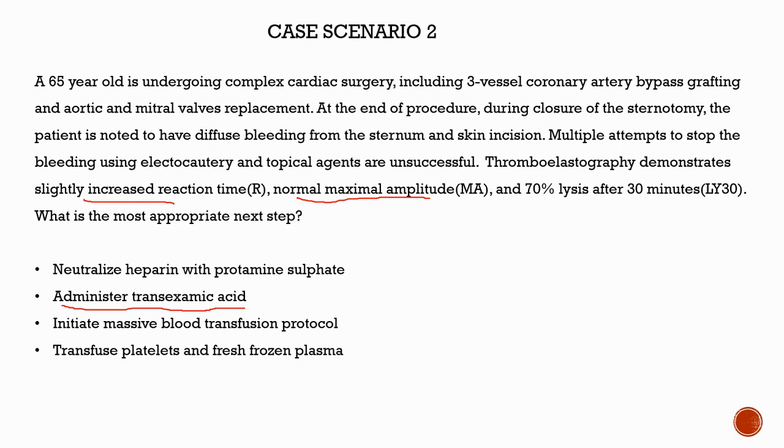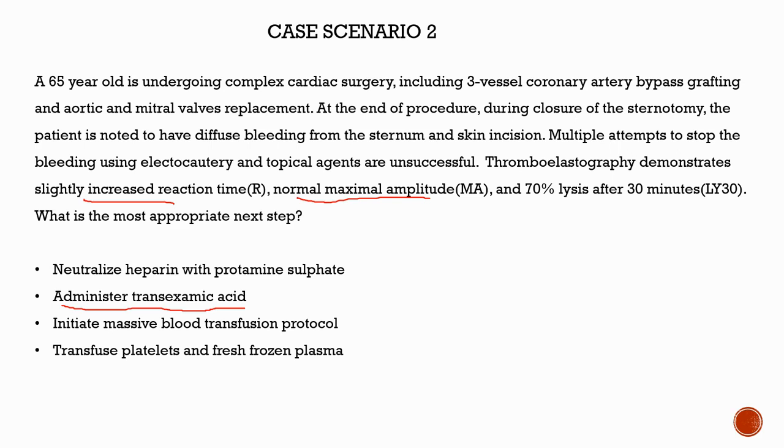In this case, why is there a slightly increased reaction time? As the patient is bleeding, there might be some loss of coagulation factors, and also in cardiac surgery cases, anticoagulation is given, so that could also lead to a slight increase in R time. But the problem basically here is in lysis 30.